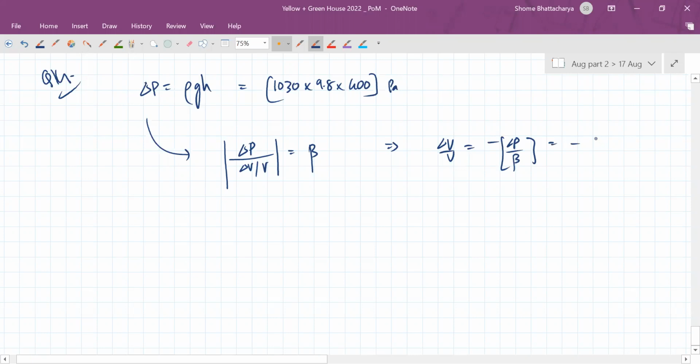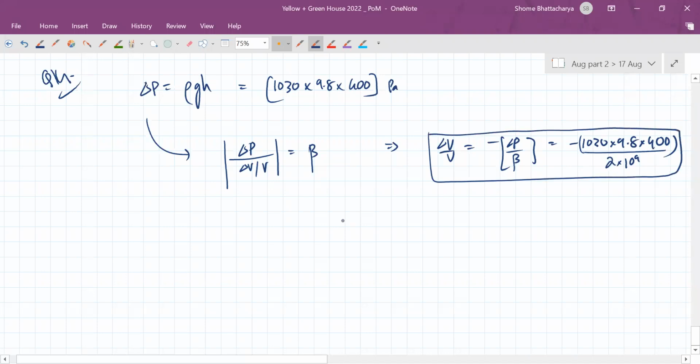So minus of this value, so I'll take this for the moment as this much only, divided by bulk's modulus of water, which is seawater, which is given to us as 2 into 10 raised to 9. So this is giving us the volume strain.